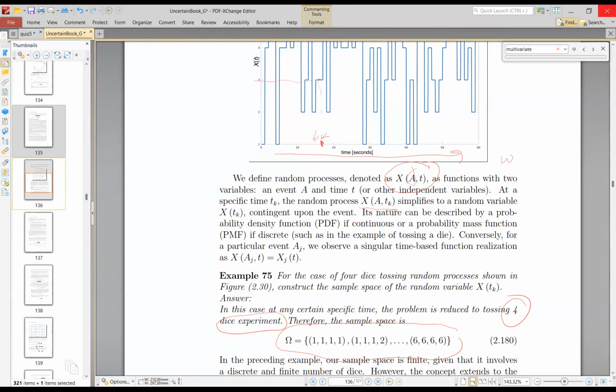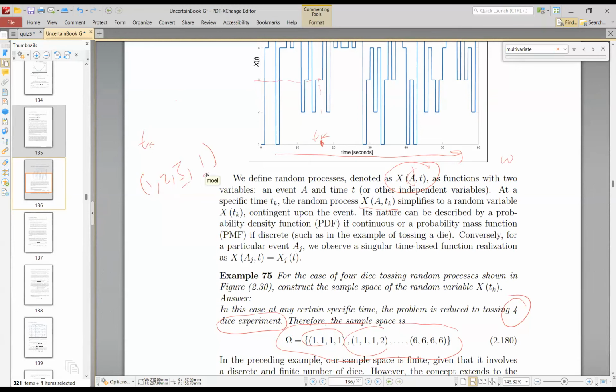But if you specify the time, at a certain time tk, and then look at the outputs at that time, you will have one of these outcomes. Maybe you find 1, 2, 3, 1. So at this certain time, when you check the outcomes, you find that the first generator gives you 1 volt, the second generator gave you 2 volts, the third generator 3 volts, the fourth generator maybe 1 volt again.